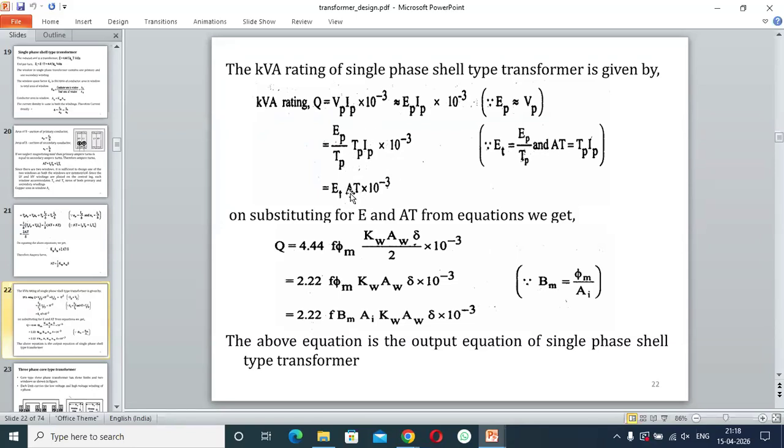So this will give you the AT. So finally it is going to become AT multiplied by 10 power minus 3.